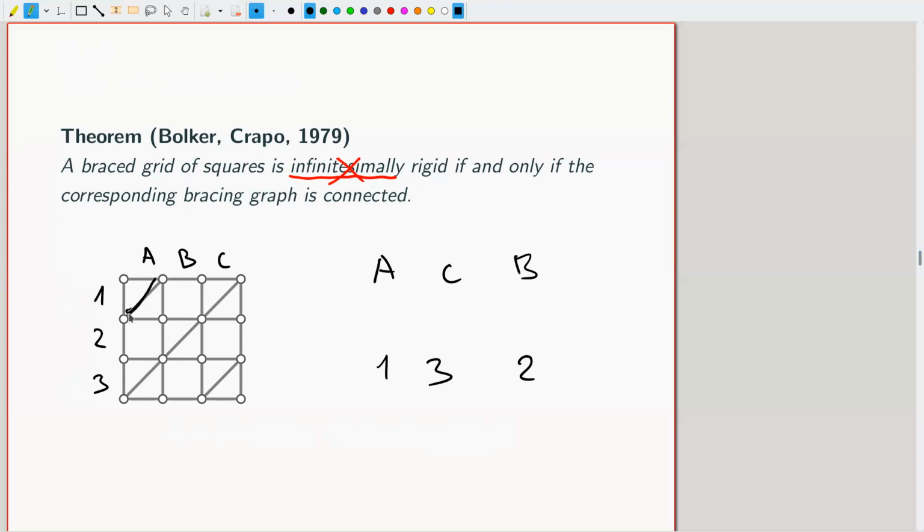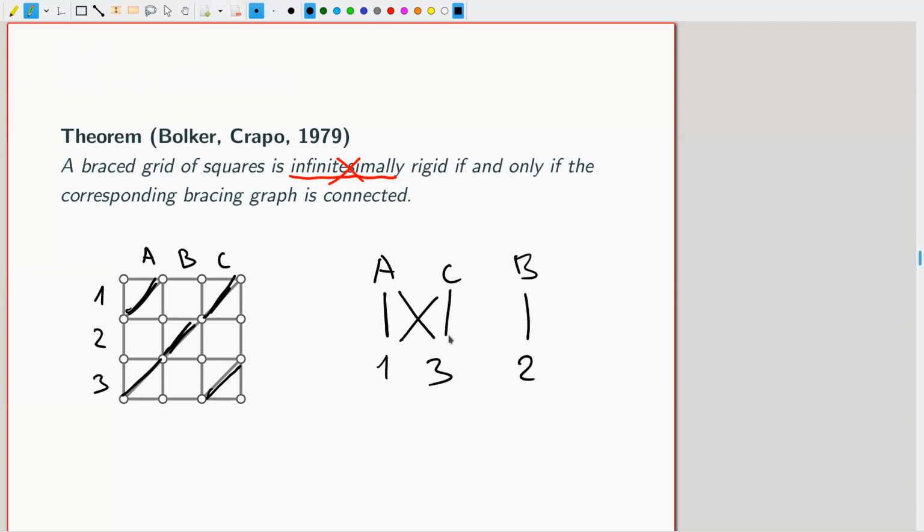So this brace corresponds to this edge in the graph, because column A meets row 1 and they are braced. So we get A1, we get 1C, we get 2B, 3A, and C3.